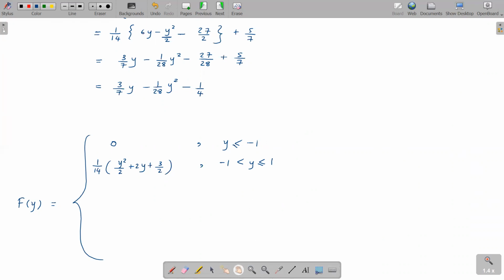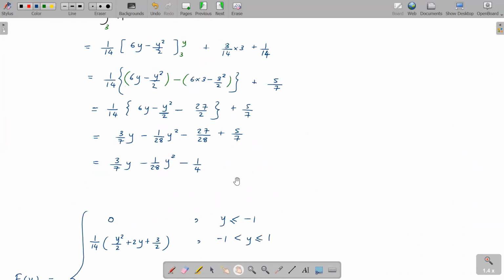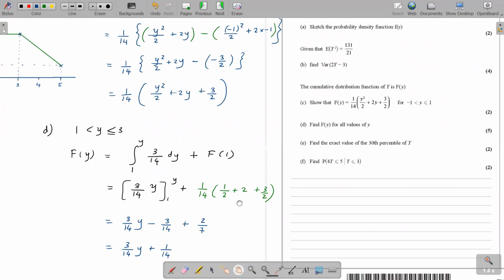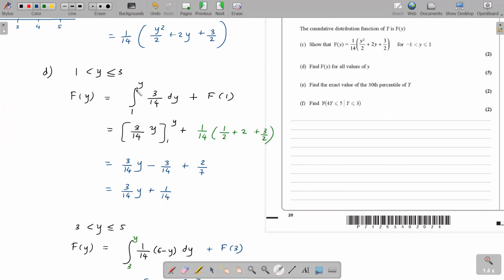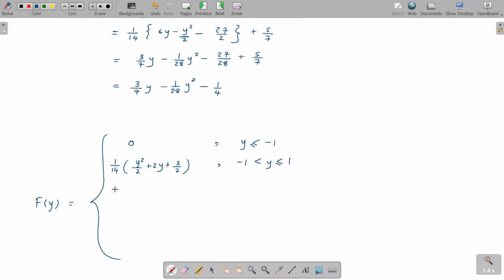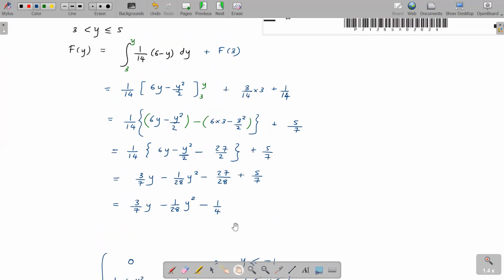Okay, what was the next range? The next one was for y values between 1 and 3, right? For y values between 1 and 3, what was the capital Fy? 3 over 14y plus 1 over 14. This is defined for y values between 1 and 3. Okay, there's another part, right?